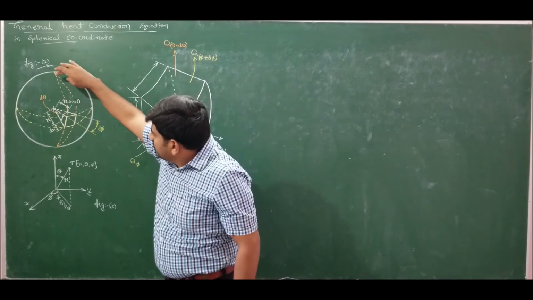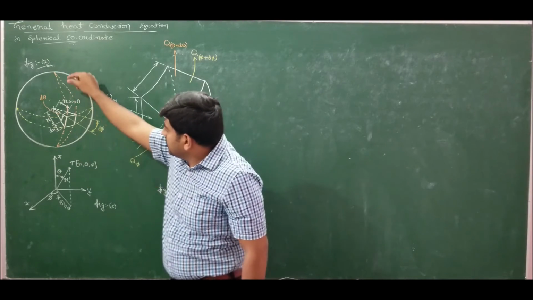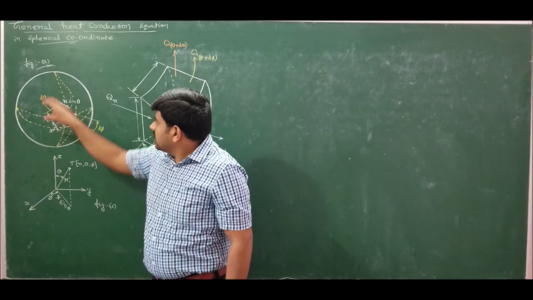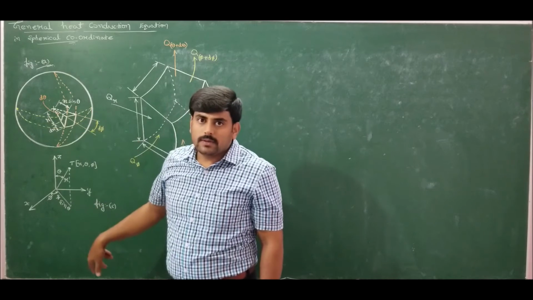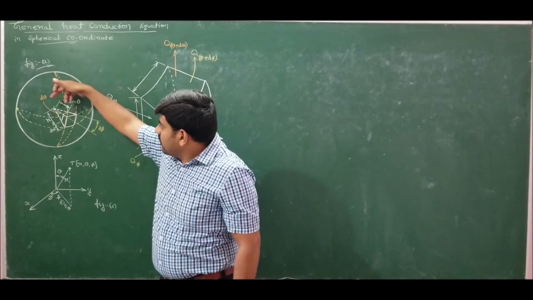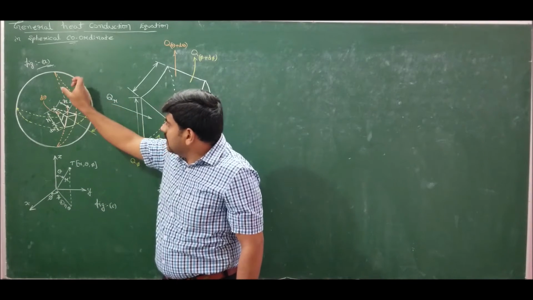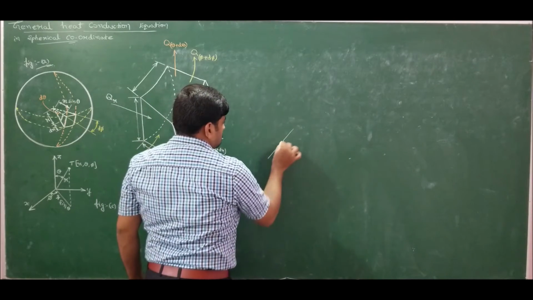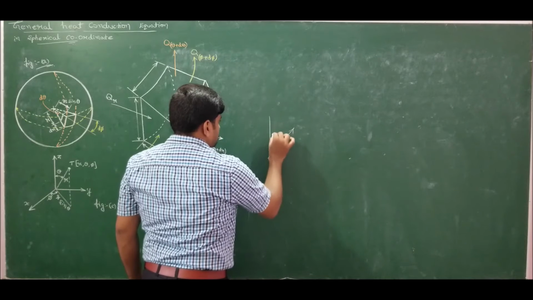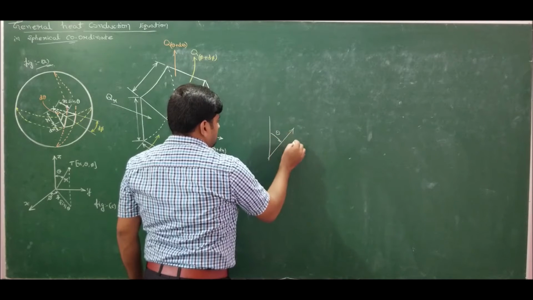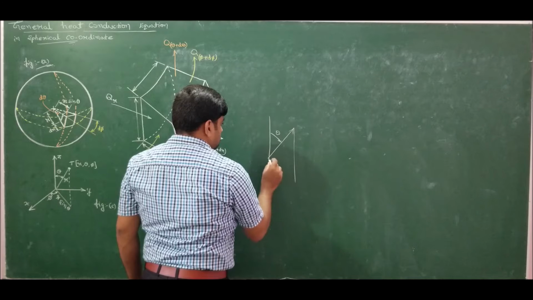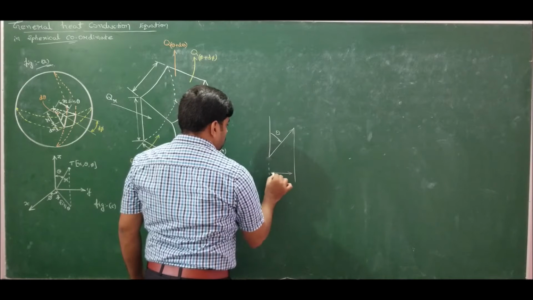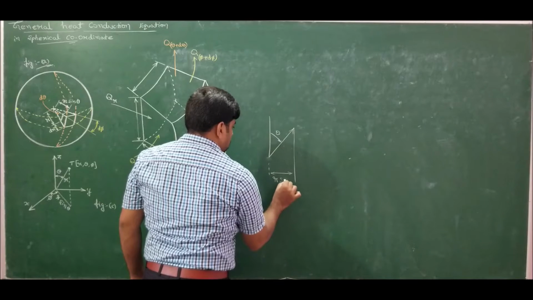Now if I take a slice where theta varies from 0 to 90 degrees and r varies in the vertical plane, and also if I want to take the slice in the horizontal plane, I will project the radius r, which is in the vertical plane, varying with an angle theta. If I project at any distance to the horizontal plane, this length will be equal to r sin theta.